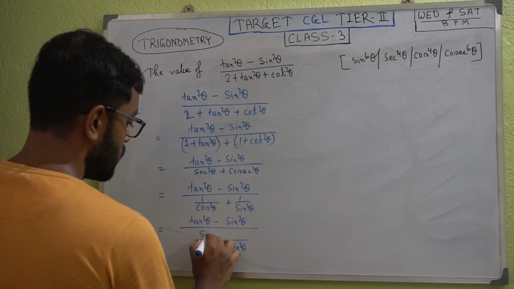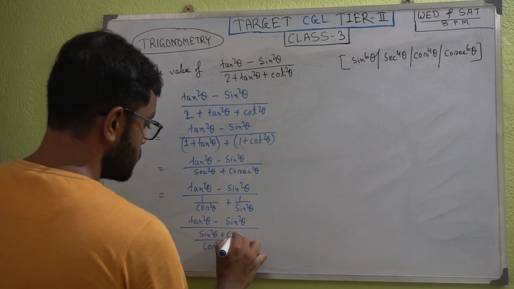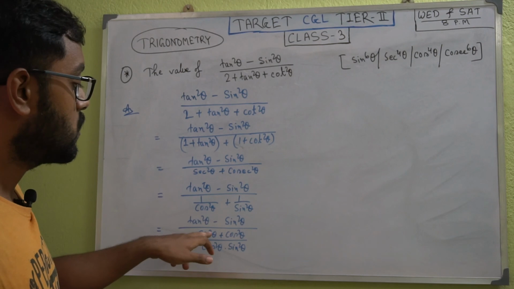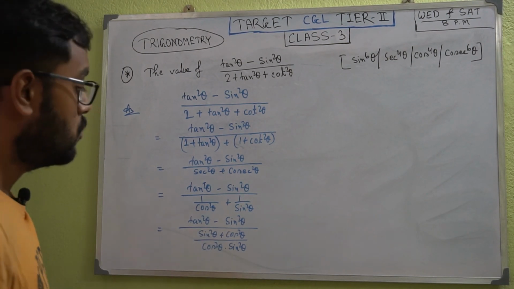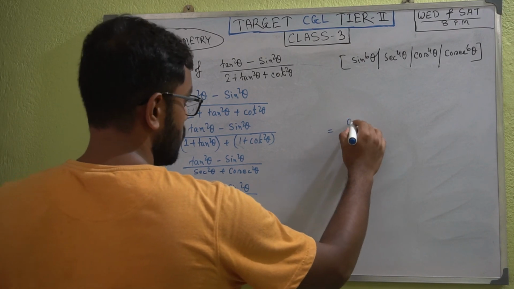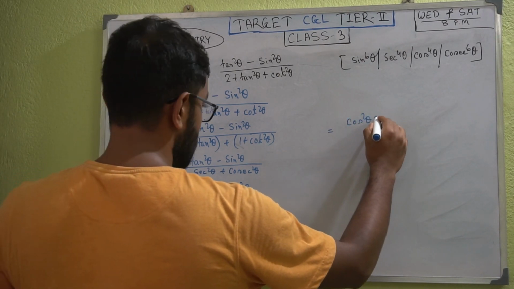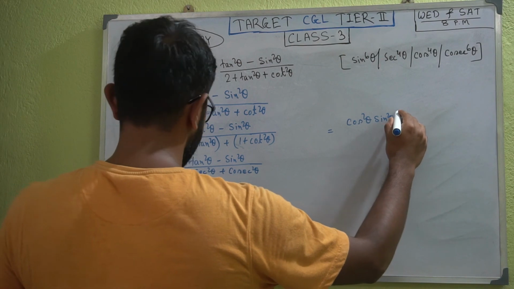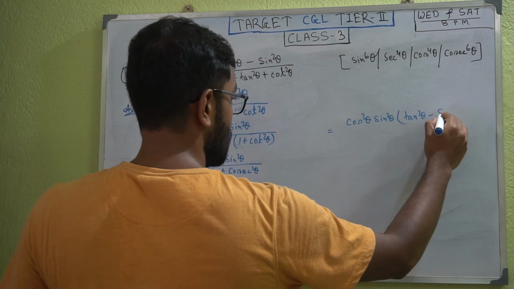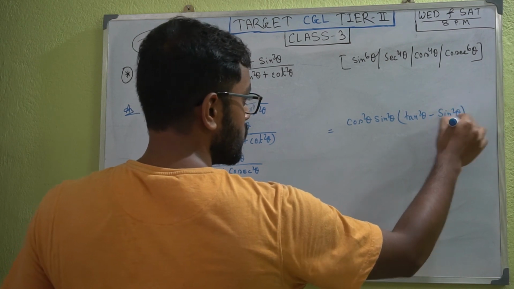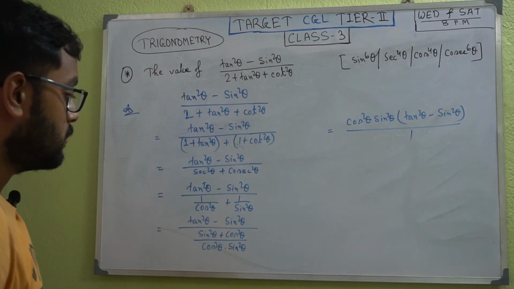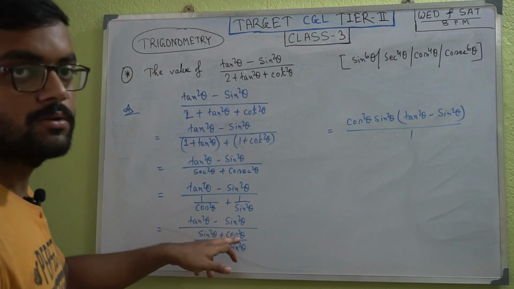So sin square theta plus cos square theta, right? We know the value of sin square theta plus cos square theta equal to 1. Then we can say cos square theta sin square theta into tan square theta minus sin square theta by 1 because sin square theta plus cos square theta equal to 1.